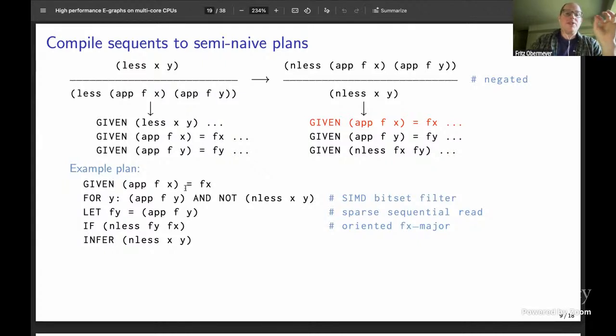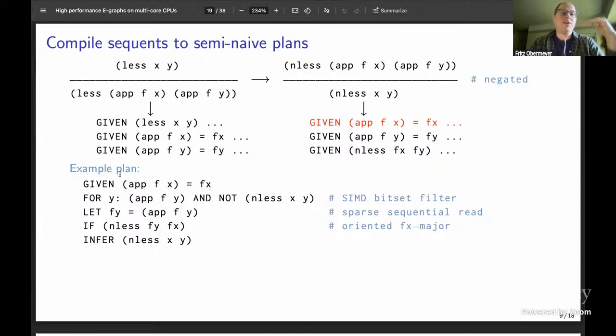First there's the trigger, which is that this e node exists, and then there's an iterator over another e node existence and a binary relation fact. So this looks at the presence absence table, and it can do a SIMD bit filter to walk through those. Then it does a local assignment, and then a conditional, and then finally, if it makes it to this stage, it learns a new fact.